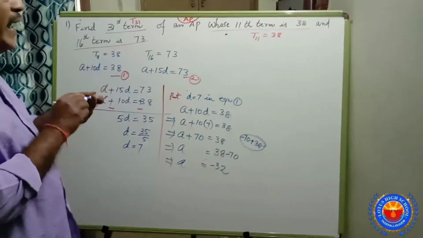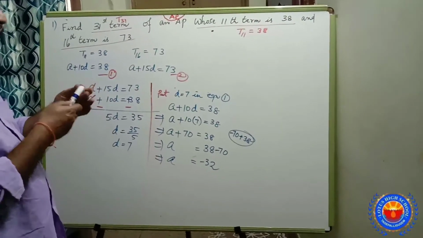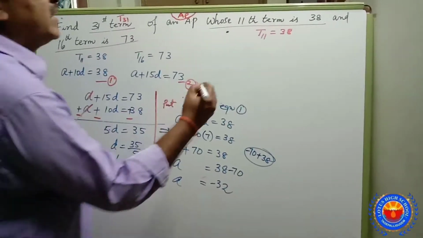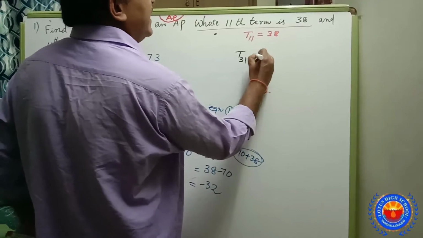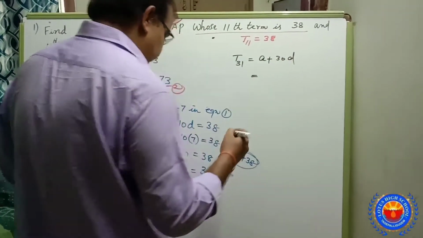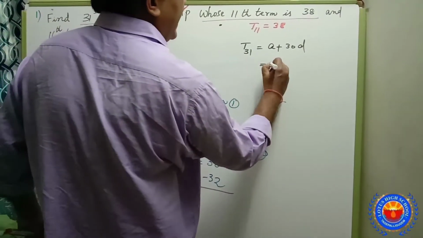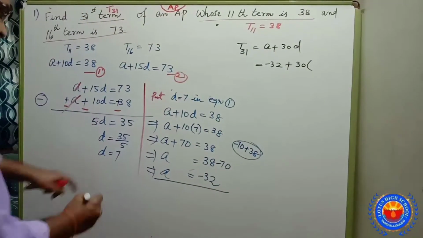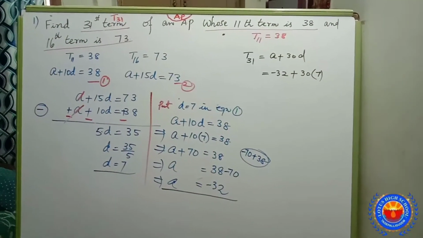Now I have to find T31, the 31st term. The 31st term is nothing but T31. That is nothing but a plus 30d. Substitute a is equal to minus 32 plus 30 into d, which is 7.